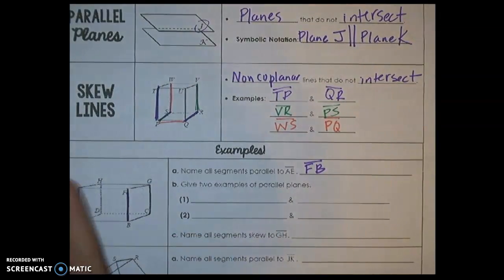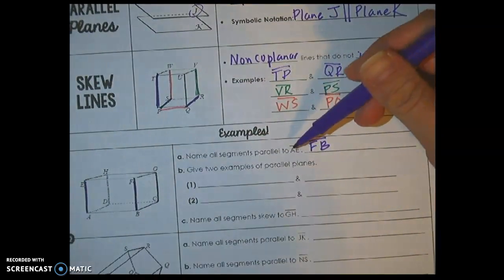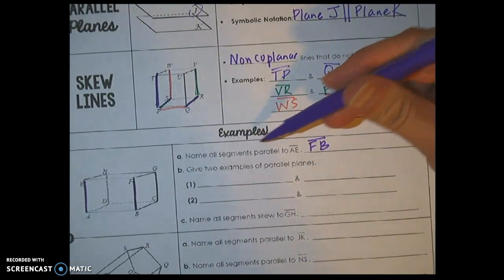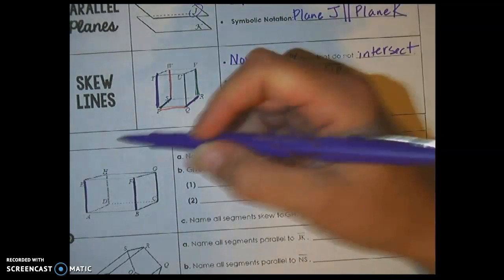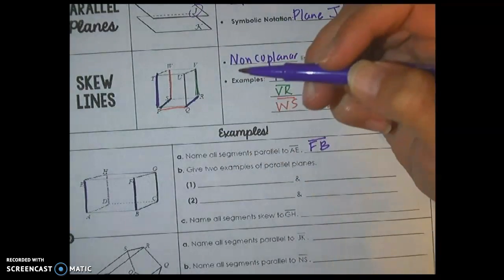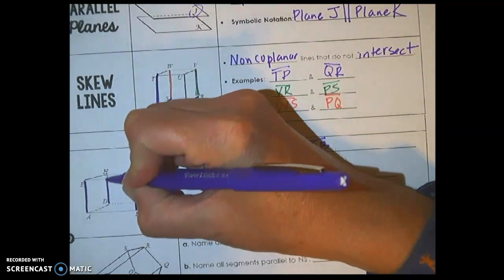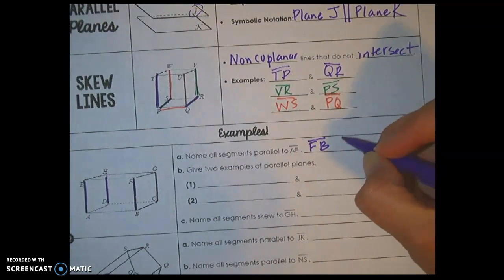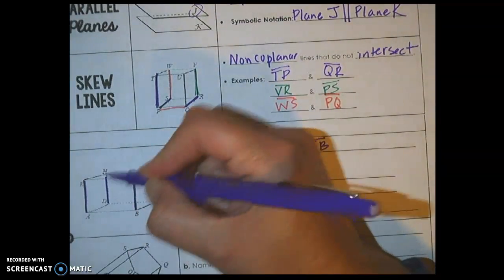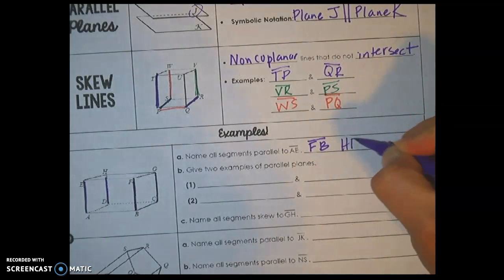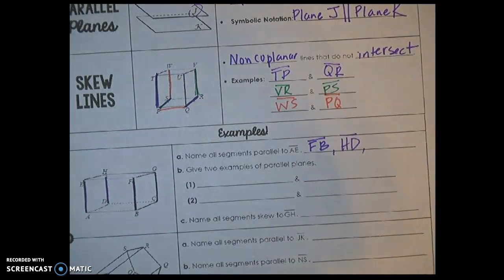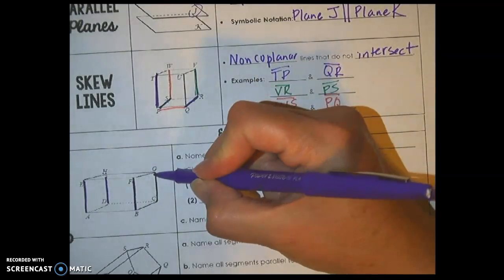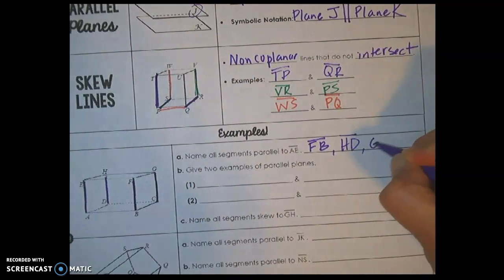Continuing on, the segments that are parallel to AE: HD back here, you can see on this side that that segment would also be parallel on this plane over here, so HD. And then we would have another line parallel in this one over here, GC.